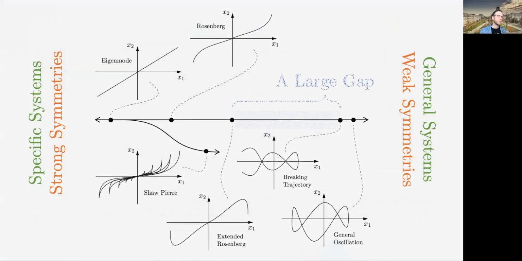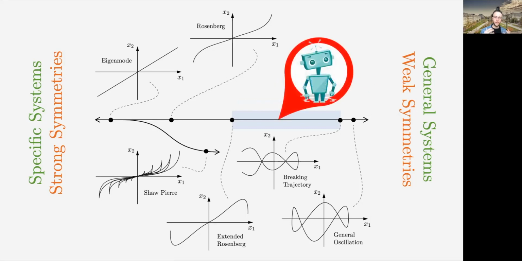Very briefly, what we observed is that there is a whole range of definitions, but there is quite a large gap. The definitions go from very specific systems with strong symmetries to very general systems with weak symmetries. Mechanical systems that are interesting for nonlinear control, so robots, are exactly in the middle of this large gap.